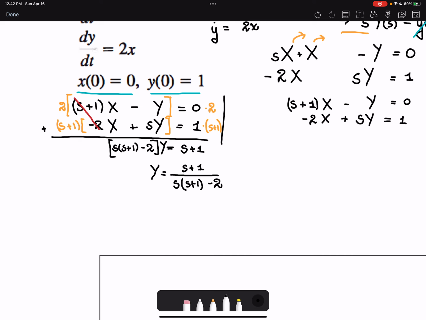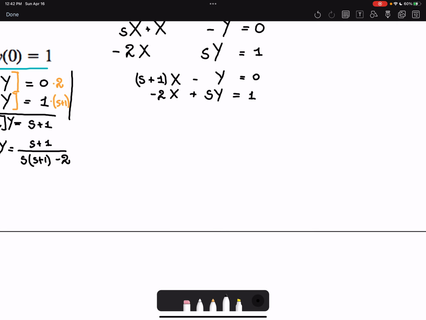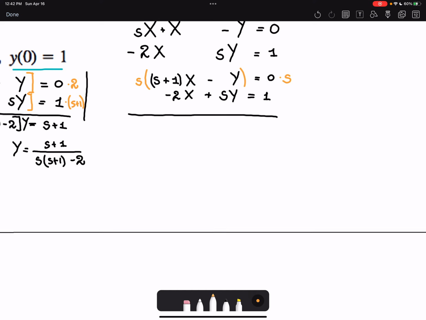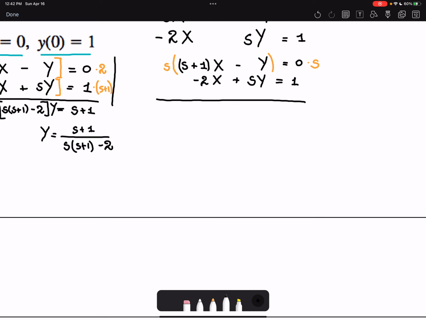Okay. Now we're going to do the same thing over here. I want to add them together so that I cancel the y. So I just need to multiply this top one by s and then add them together. And if I do that, what are we going to get?